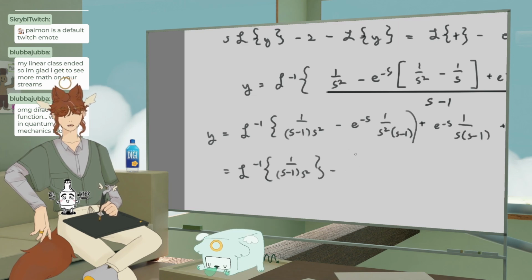So we'll split these into separate Laplaces and do out the easy ones. Okay, so the e to the minus s can pop out as, let's just check. If we have an e to the minus s inside our inverse Laplace, that means that... what? Wait, what the heck?